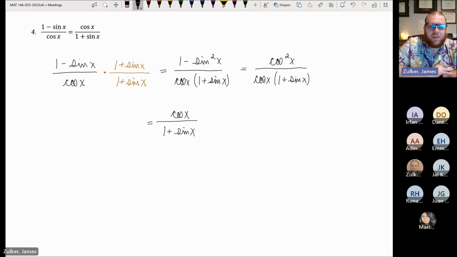Then we get cosine over 1 plus sine. Which verifies the identity.